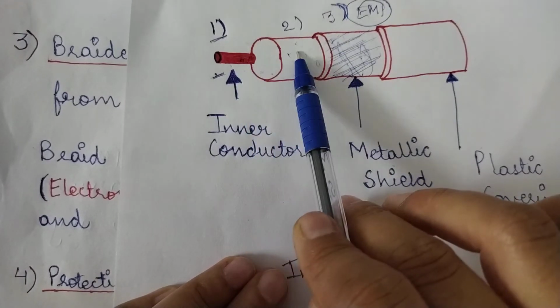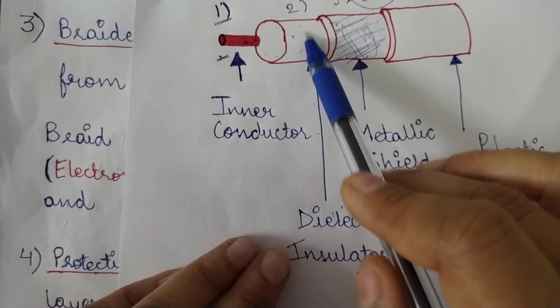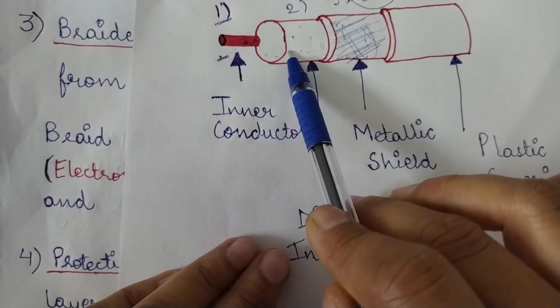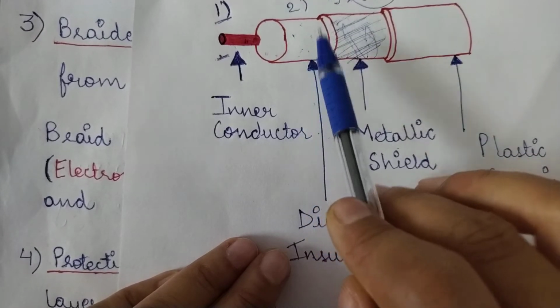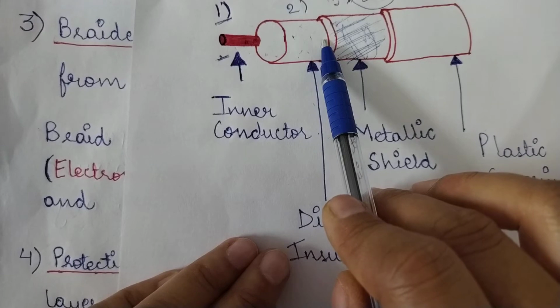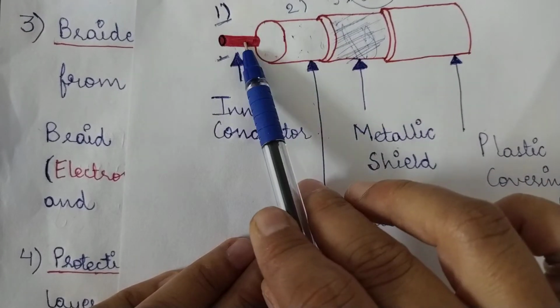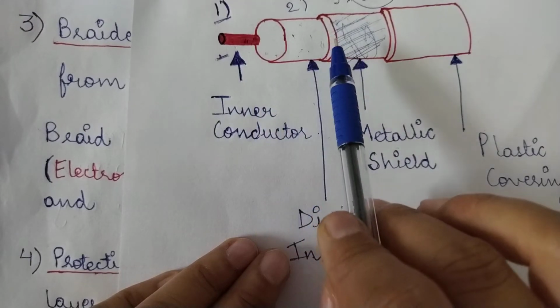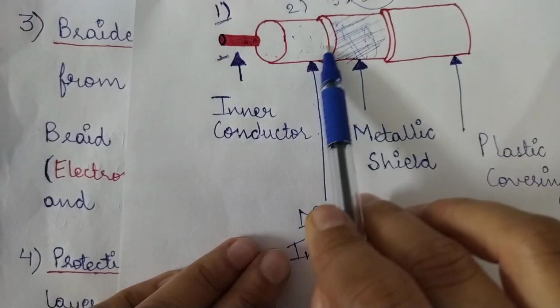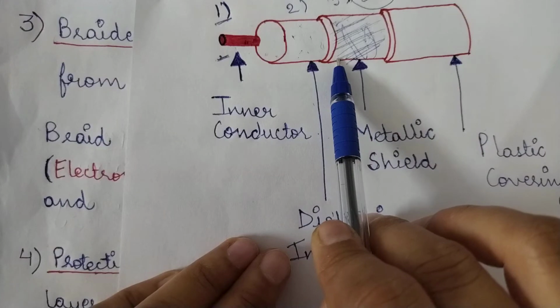So this dielectric insulator is preventing any leakage of signals from the surroundings, and the cable spacing that you are providing helps to divert the noise to the ground through the shield itself.